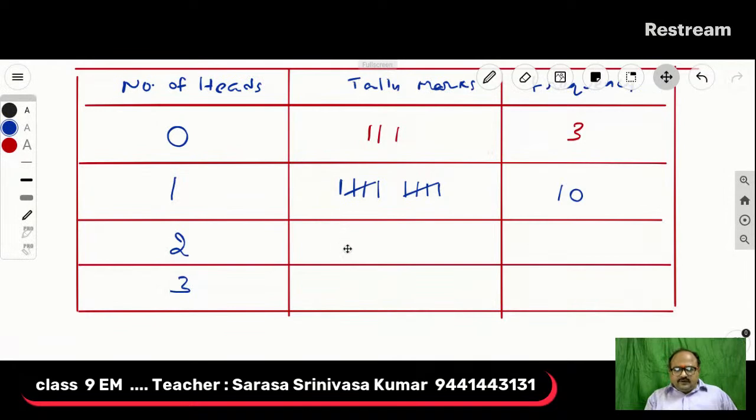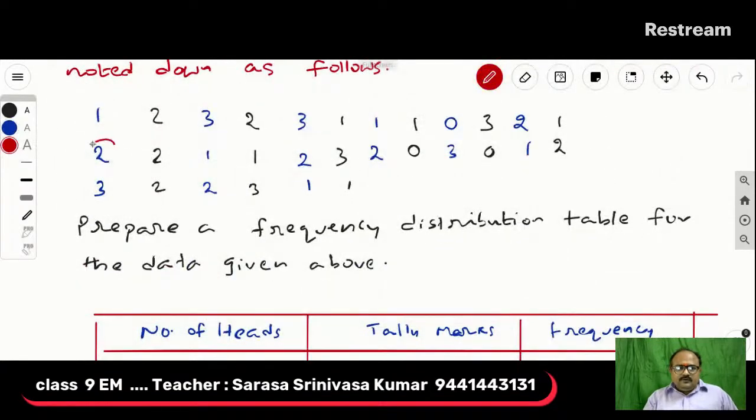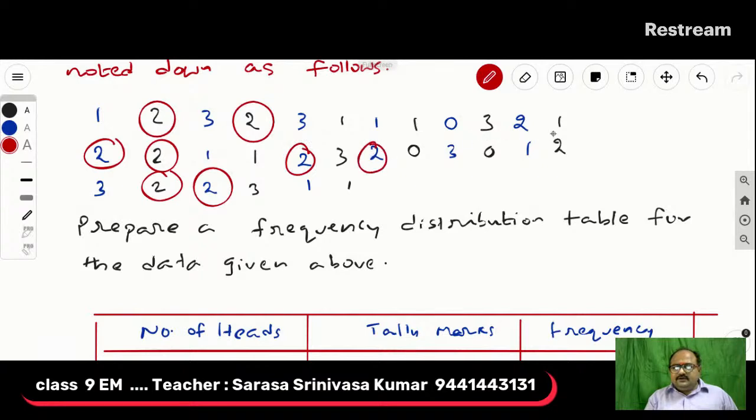Next, we count the number of heads 2. 1, 2, 3, 4, 5, 6, 7, 8, 9, 10. Let us cross check this. 1, 2, 3, 4, 5, 6, 7, 8, 9, 10.